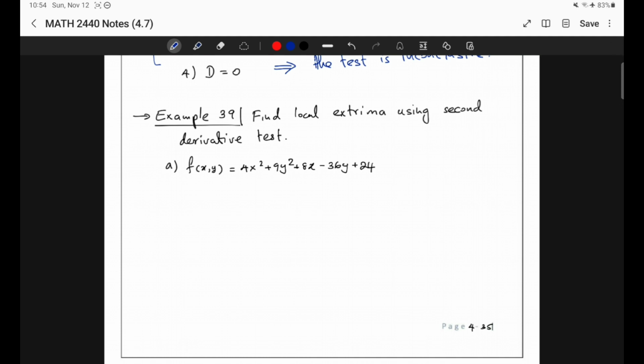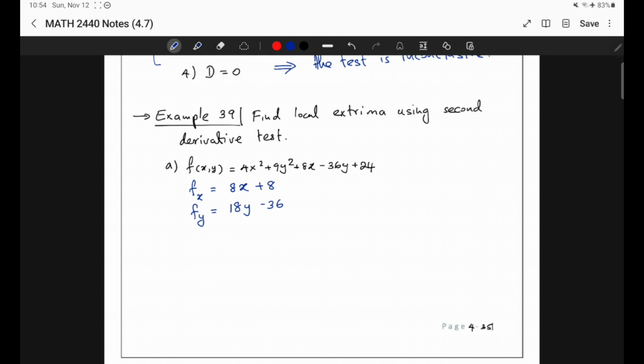To find that, you have to find the partial derivatives. Partial derivative with respect to x is 8x plus 8. With respect to y is 18y minus 36.